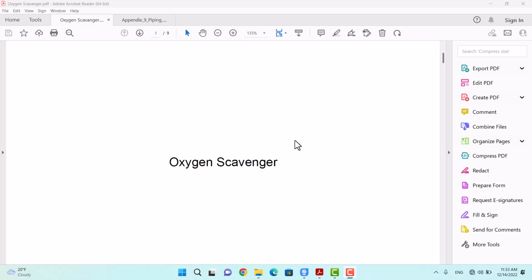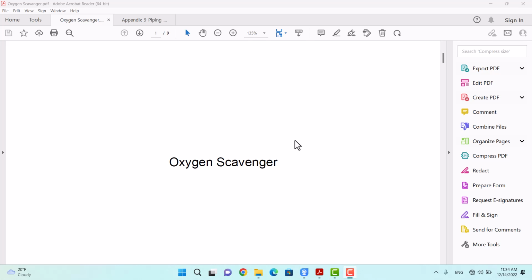After that, we're going to discuss the most important types of oxygen scavengers which are prevalent and used in most applications. Then, based on some criteria, we're going to select the best type of oxygen scavenger for our applications.